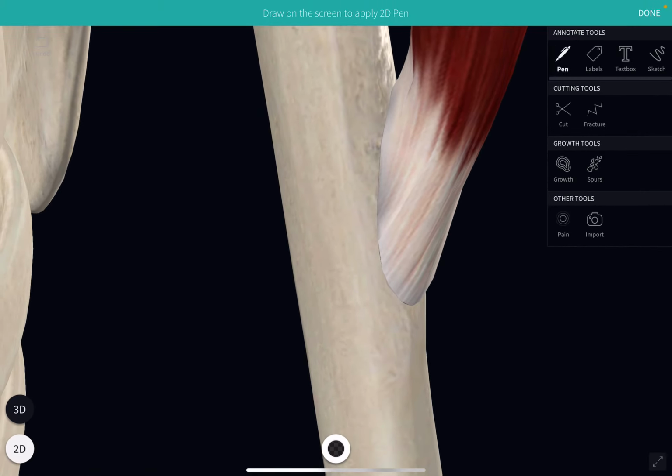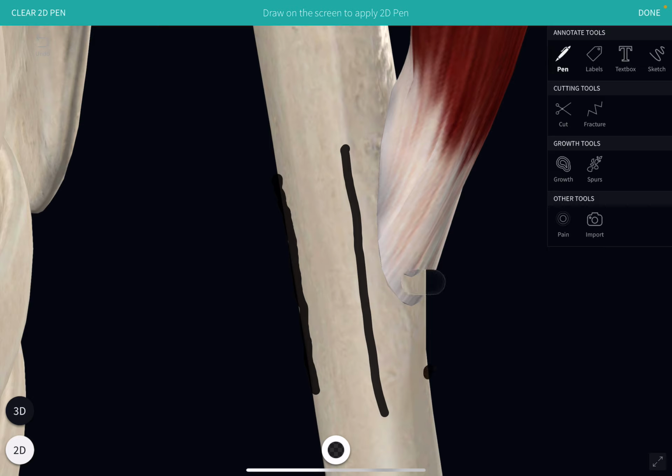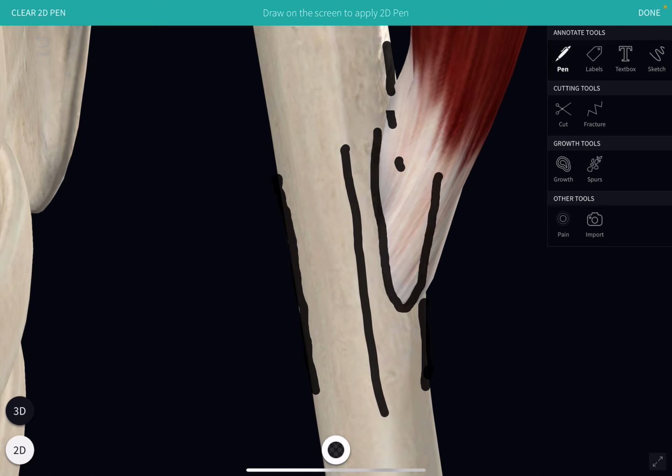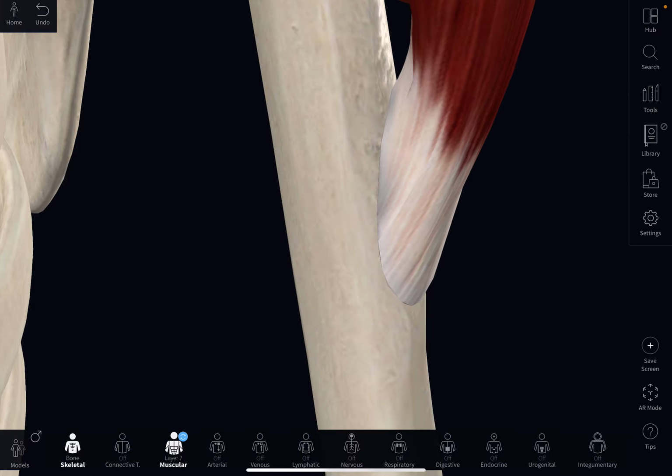Now if I draw the borders here, this is the medial border, this is the anterior border, and this becomes continuous with the lateral border. So here there is a V-shaped impression for the insertion of the deltoid muscle.